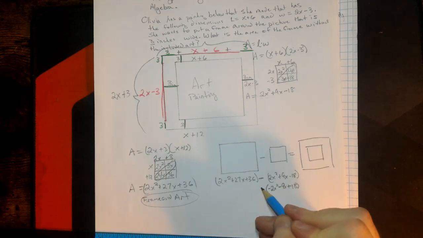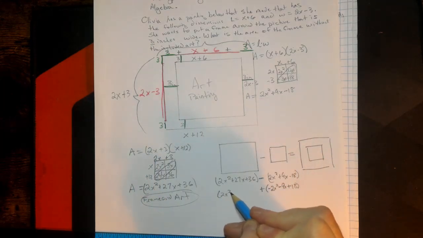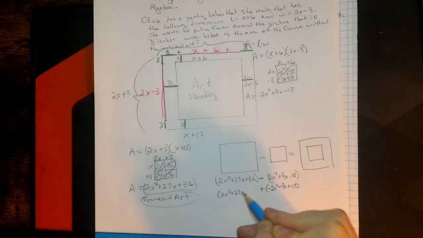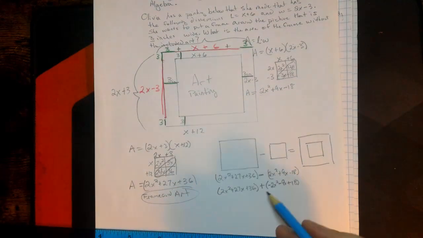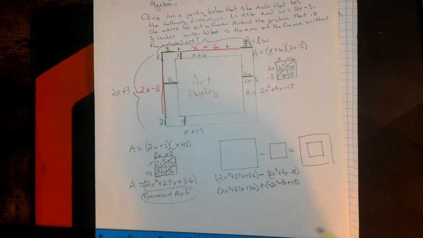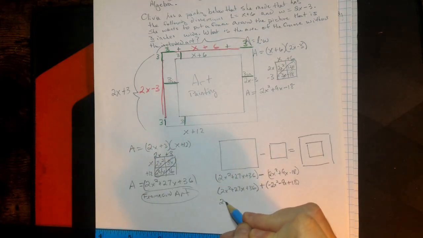But now that I've distributed that, I can add the groups, right? Because I have a plus sign between groups, the signs aren't going to change anything, but I can drop the parentheses and group the like terms. So I have a 2x squared and a minus 2x squared, so I'll group those two.